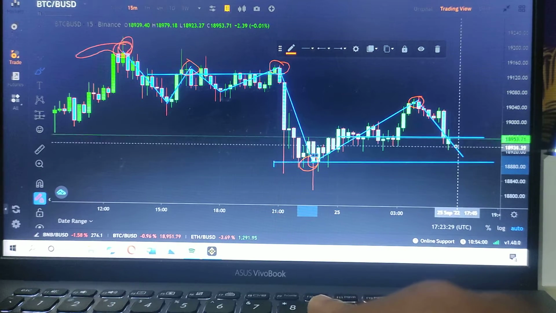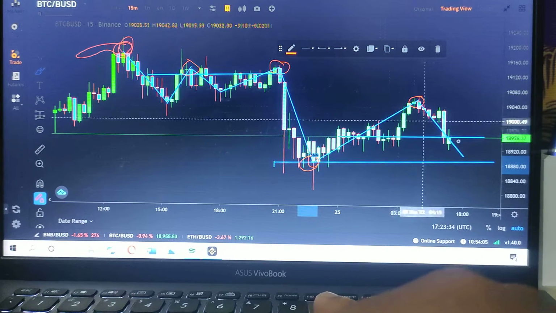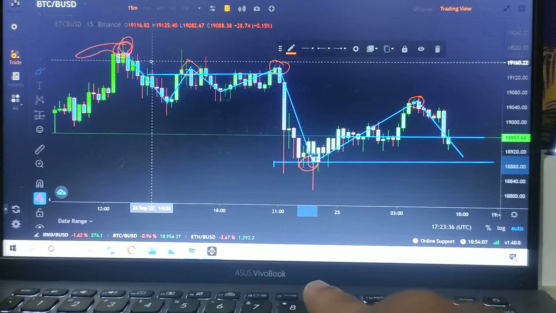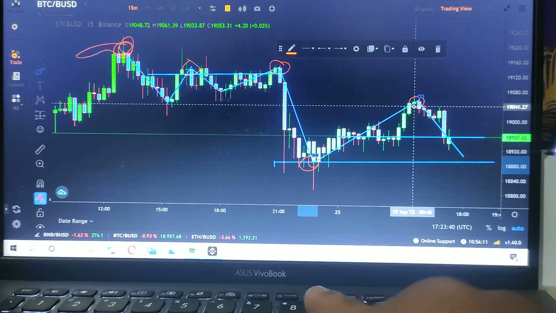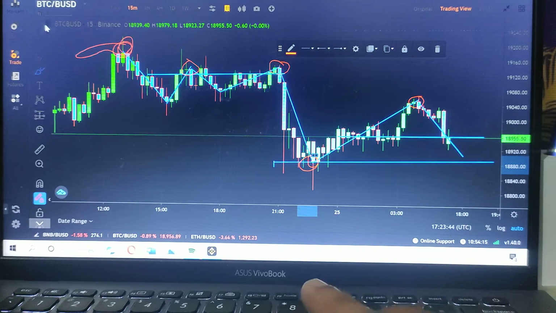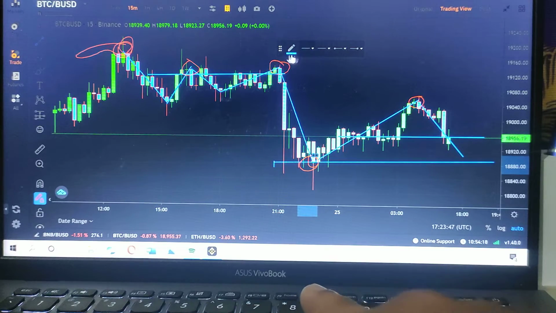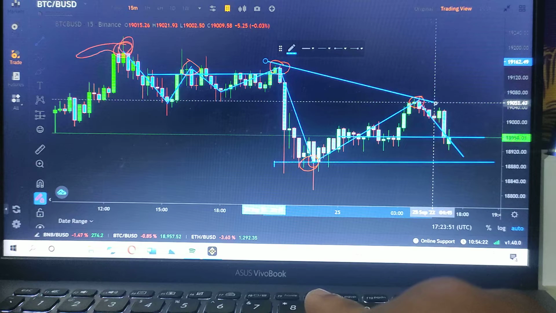Here I draw everything, then I say that I'm sure it will go down more, because this trend doesn't break yet. From here goes down, again goes up, again goes down. From here you can see there's a kind of downtrend.